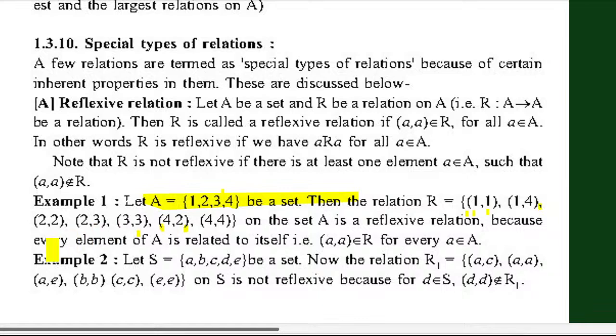Because every element of A is related to itself, (a, a) belongs to R. Actually we used to have (a, b), right? But here the b is also a.